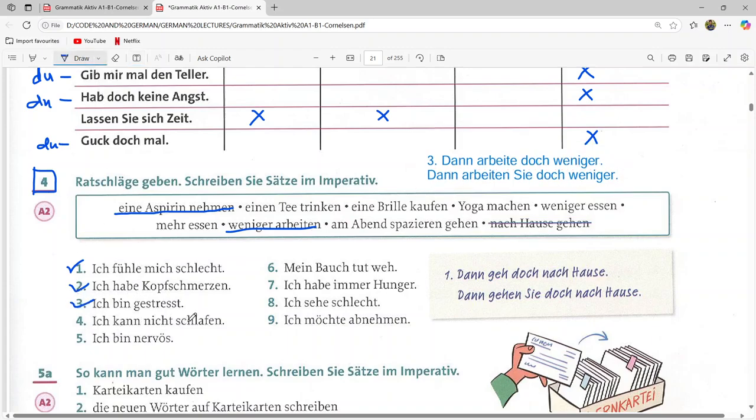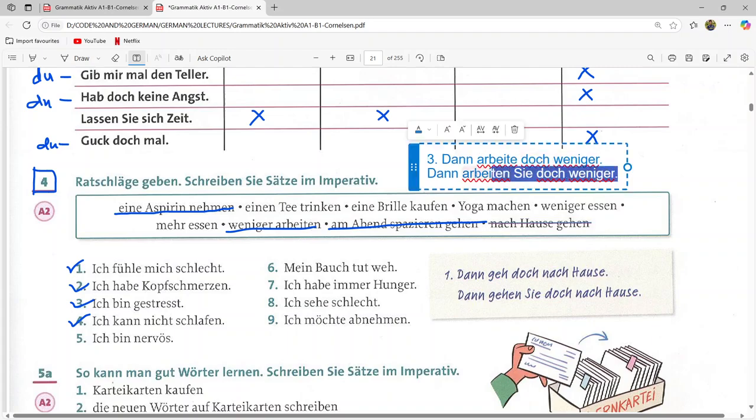"Ich kann nicht schlafen." I cannot sleep. So if somebody cannot sleep, then what we can say is that you can go for a walk at night. So "am Abend spazieren gehen." How can I write this in the du form? "Dann", the verb is gehen, right?